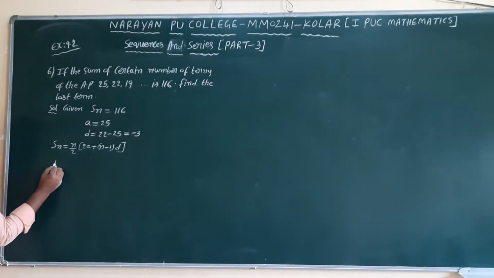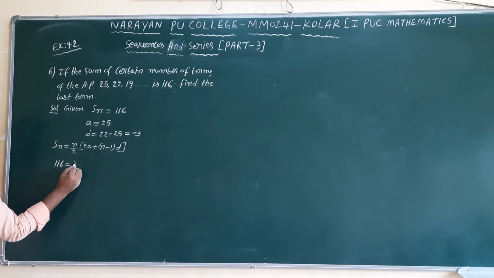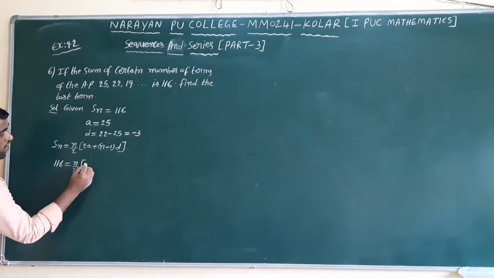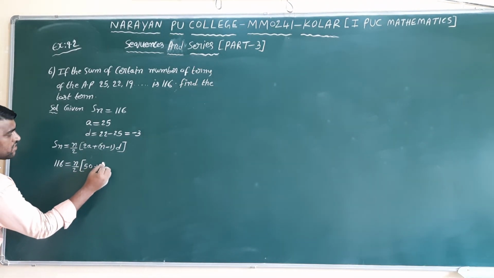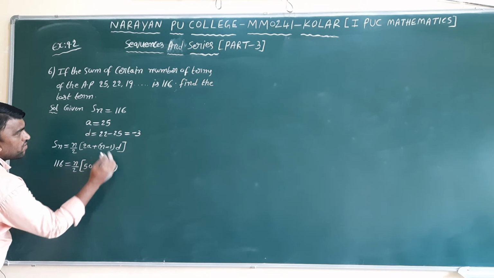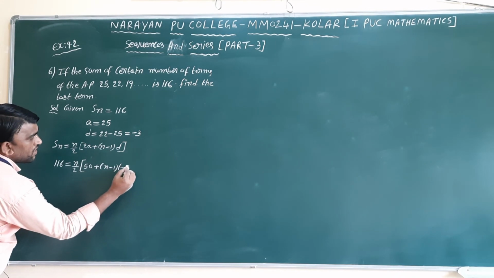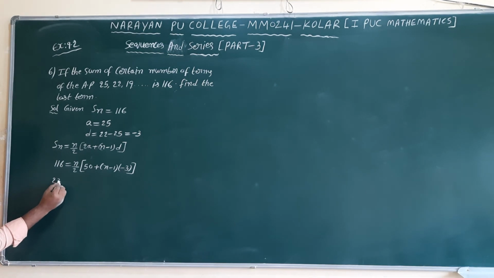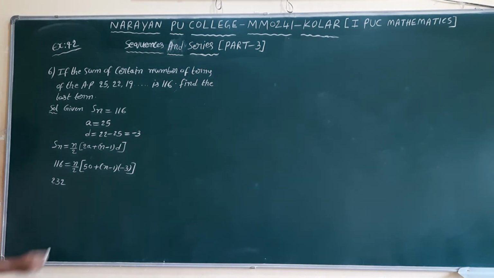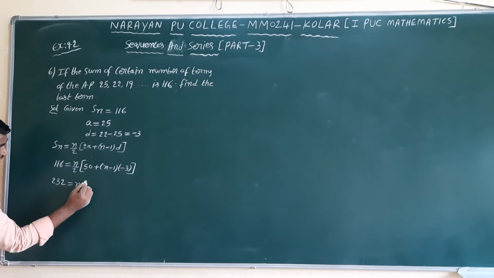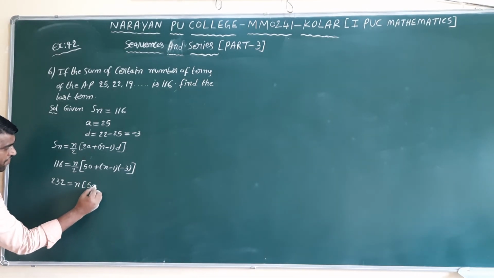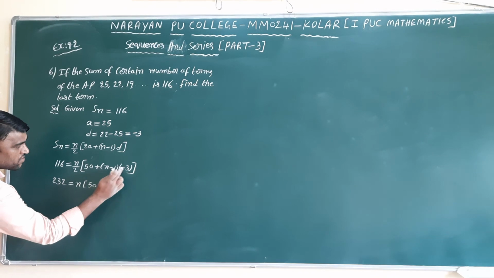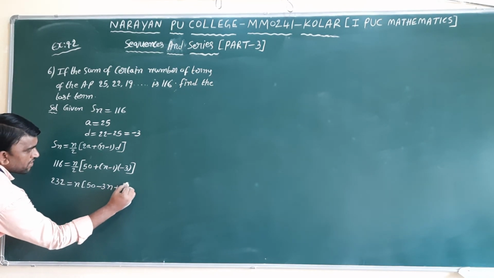Sn value 116 is equal to n by 2 into (2 into 25, that is 50, plus (n minus 1) into D value minus 3). The 2 goes to the other side: 116 into 2 equal to 232 is equal to n into (50 minus 3n minus 1 into minus 3, that is plus 3).